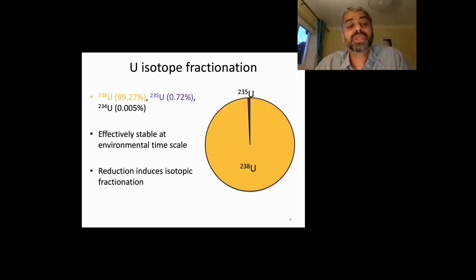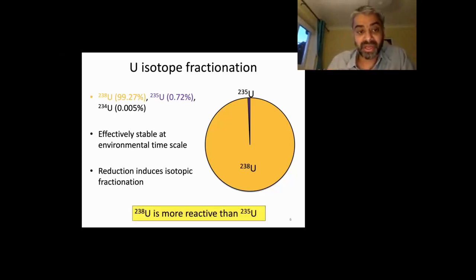The most abundant isotope is uranium-238, and then uranium-235, and a very tiny amount of uranium-234. Reduction of uranium-6 to uranium-4 induces isotopic fractionation. So they separate 238 from 235. And in this case, unlike the lighter elements, uranium-238 is more reactive.